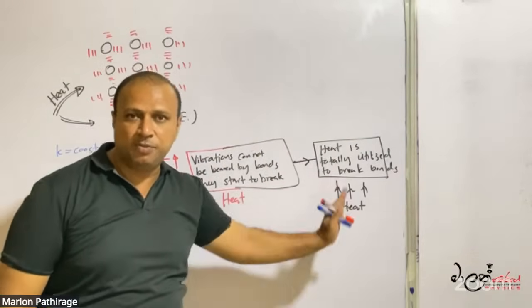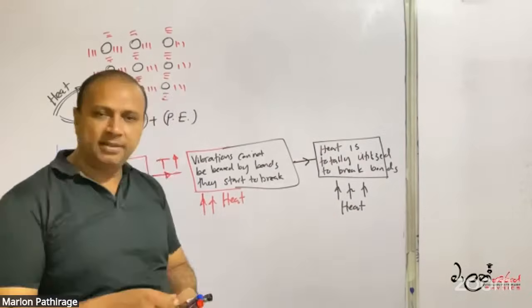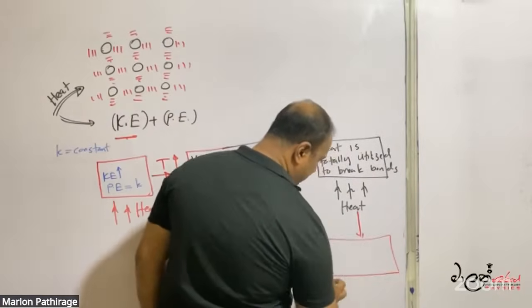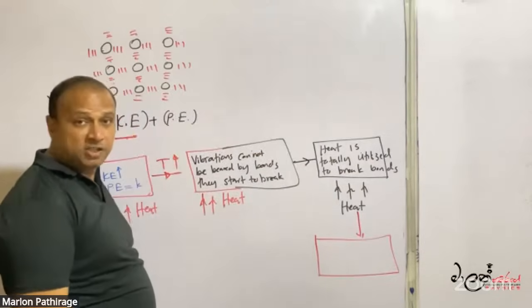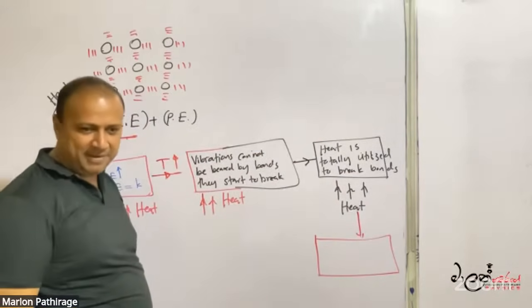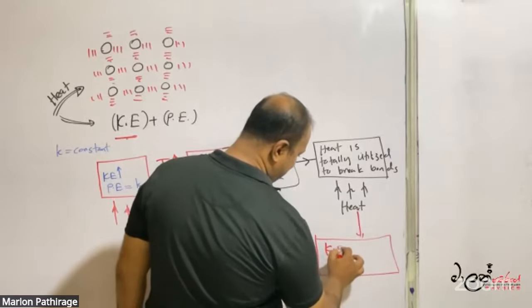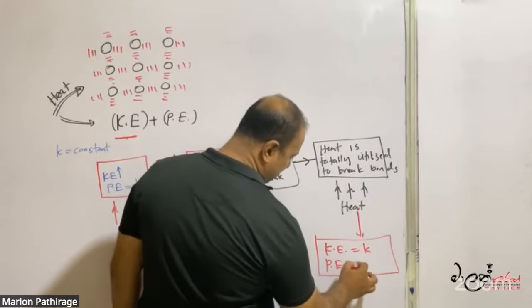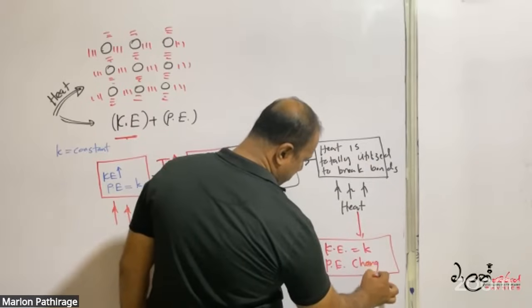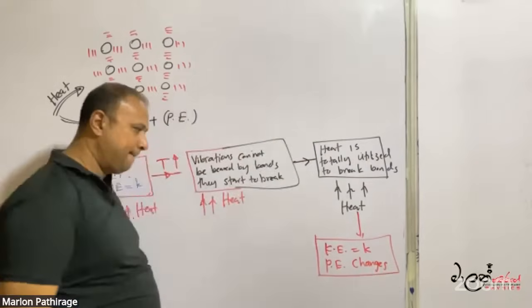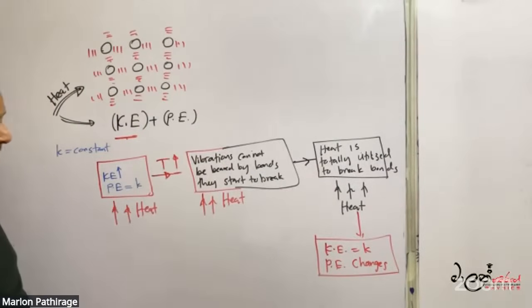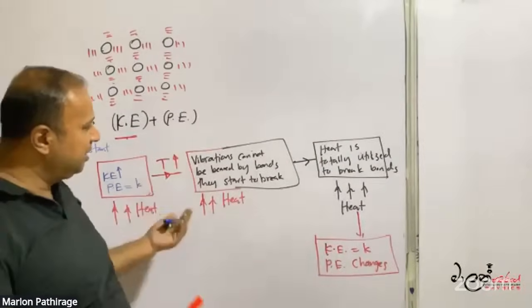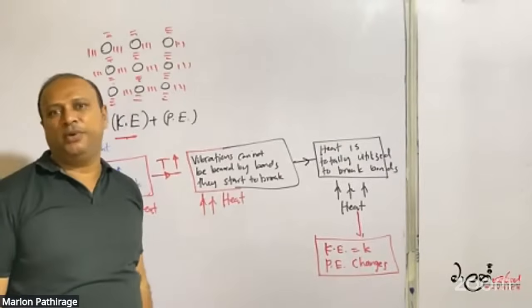So during this process, kinetic energy remains unchanged. Kinetic energy is a constant, but potential energy changes, because bonds start to break.